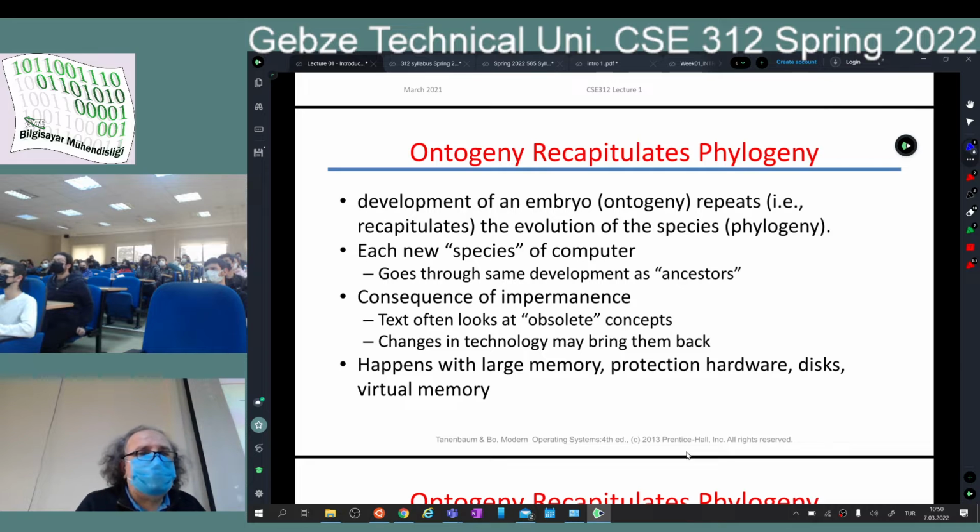And we say that the development of an embryo repeats whatever happened to the parents of that embryo. So usually we say that for the computer world, whatever happened in terms of operating system development and hardware development to the mainframes, we are going to go through the same set of steps, okay? So every new type of computer will go through the same development as its ancestors.